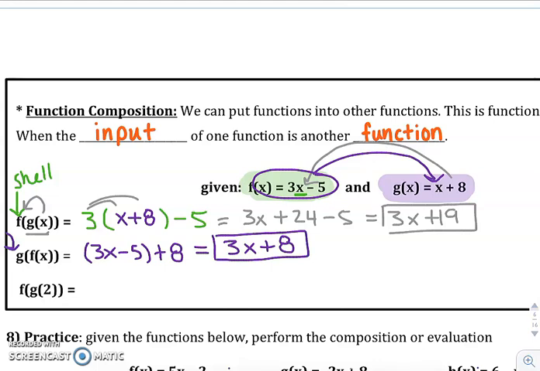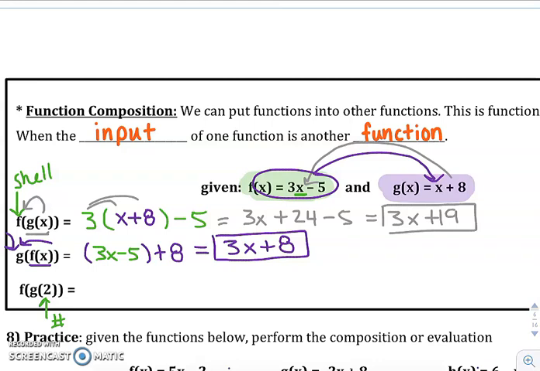So you start with the outside and you plug the inside one into that function. So what happens when there's a number is the question. So instead of an x, we now have a number on the inside there. So it's still the same process.